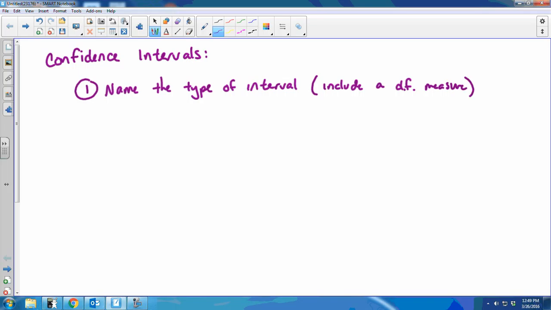So you want to say what the degrees of freedom are if there are. Then you want to check the conditions. There's different conditions for different types of intervals, so make sure you look back at those. Then you want to show the mechanics.